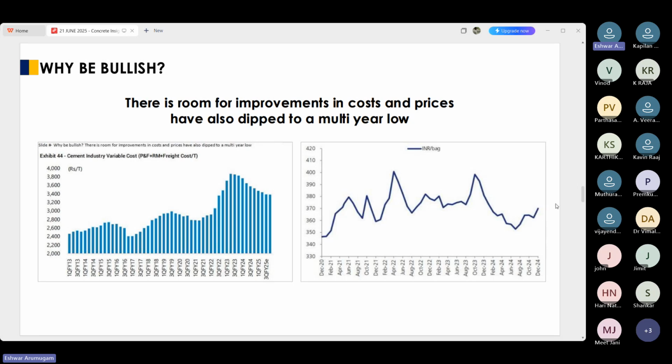So we feel that the pricing has also bottomed out, and from here on it will be onwards and upwards. So these are mainly two reasons. One is a decrease in costs, and the other is an increase in the price of cement per bag. So, let's move on to the next slide.